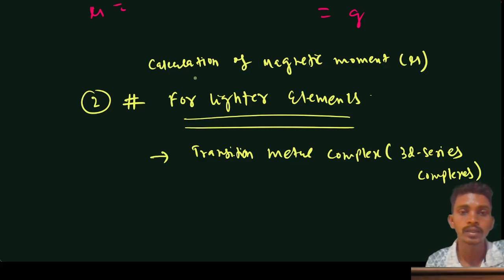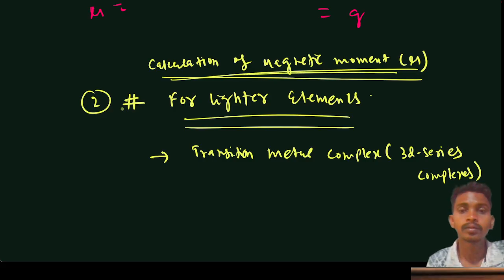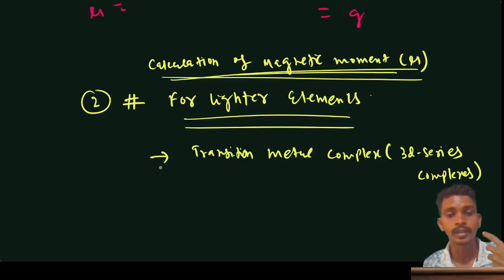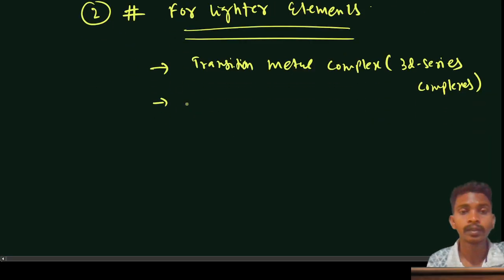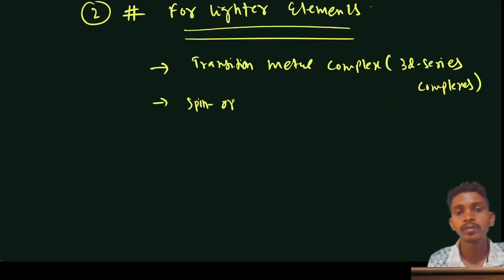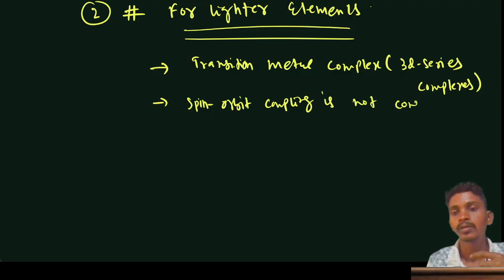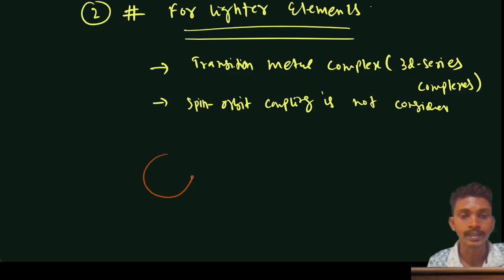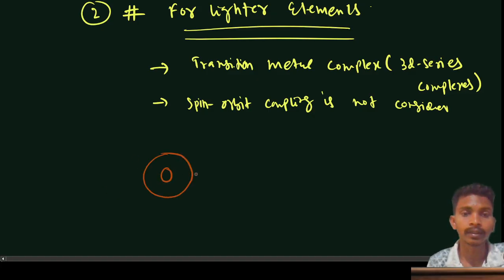So how to calculate the magnetic moments for the lighter elements, that is transition metal complexes. Here spin orbit coupling is not considered. Why is it not considered? Whenever this is a metal complex, here this is the orbit, and another is the transition metal.